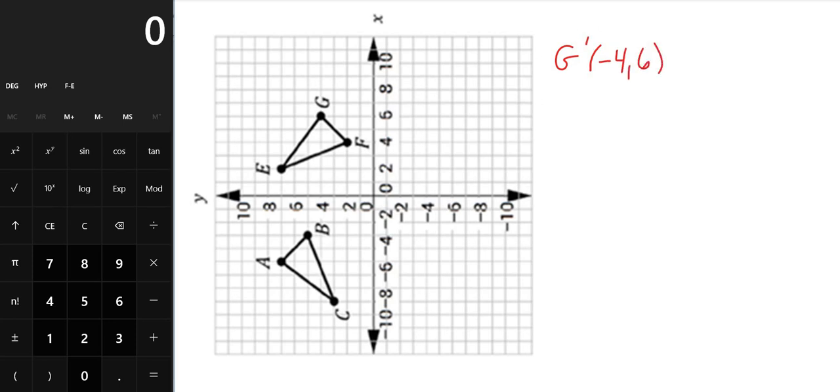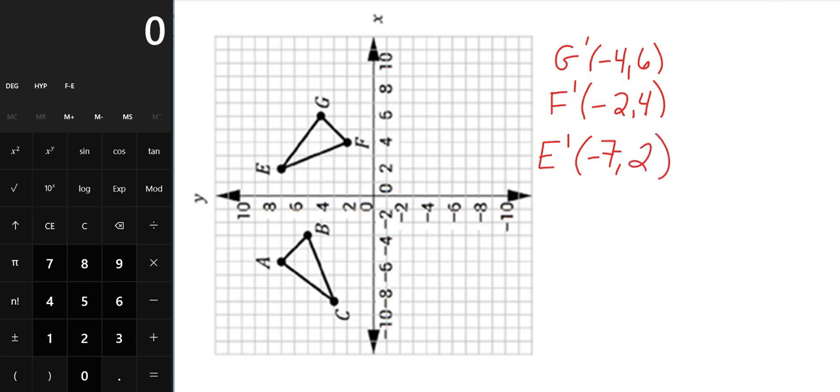That's G prime, because now it's been rotated. So it's a new figure. It's an image. F prime, it's at -2, 4. And lastly, E prime. E prime is at -7, 2.